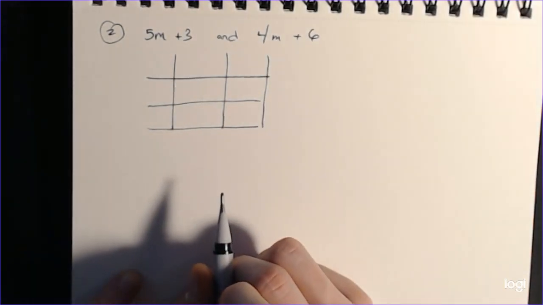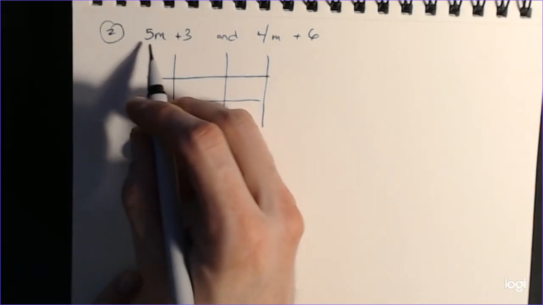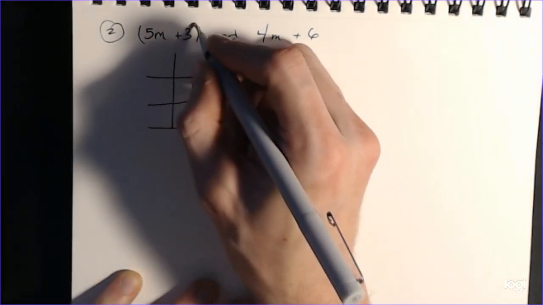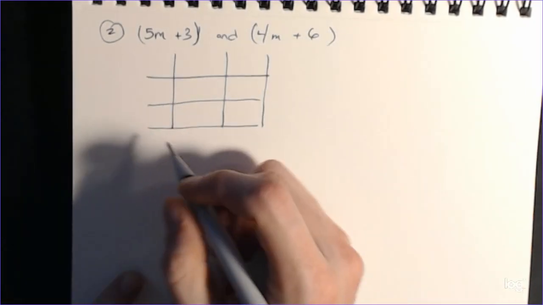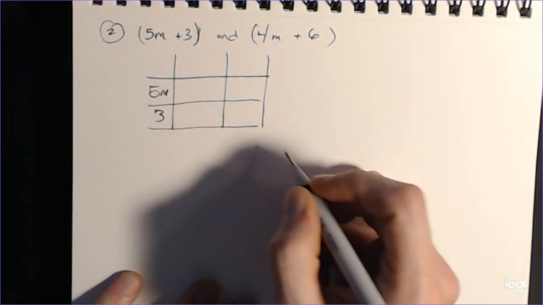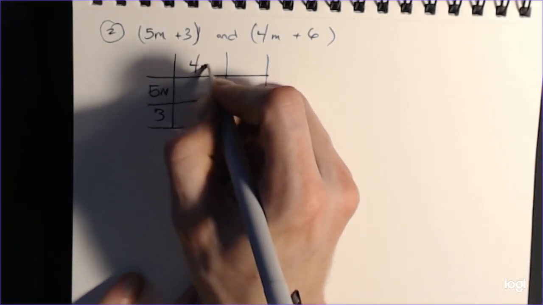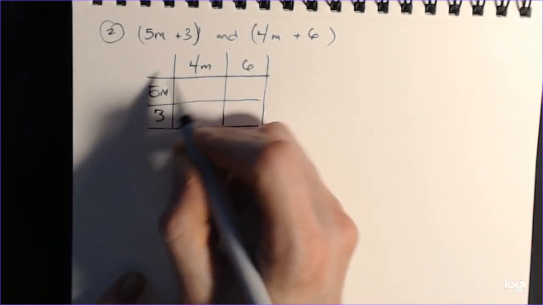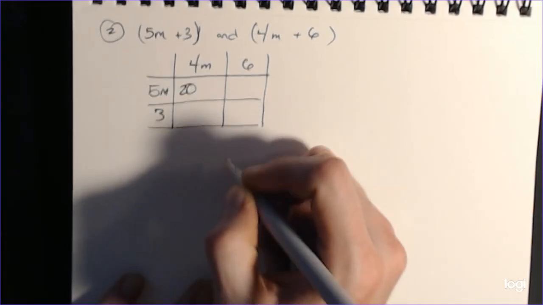So I'm going to show the table method for this one. Take this, the first term in this binomial, 5m. The second term is 3. First term in this one is 4m. The second term is 6. Now we multiply these together. 5 times 4, 20.